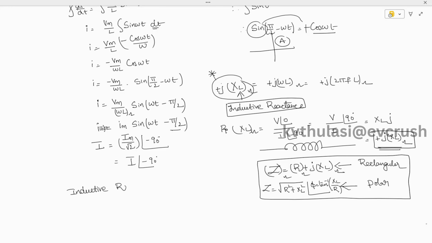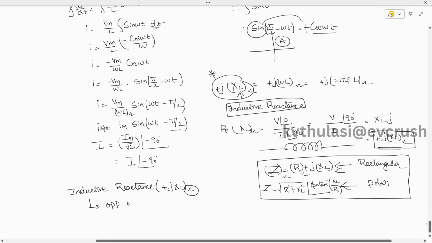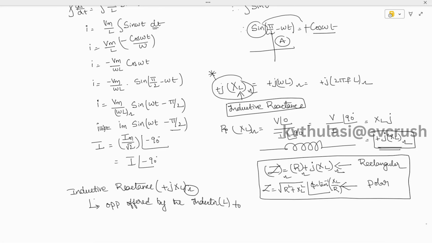The inductive reactance we define as plus J XL ohms. Like a resistor, this is the opposition offered by the inductor to the flow of current of an AC supply, and it is called inductive reactance.